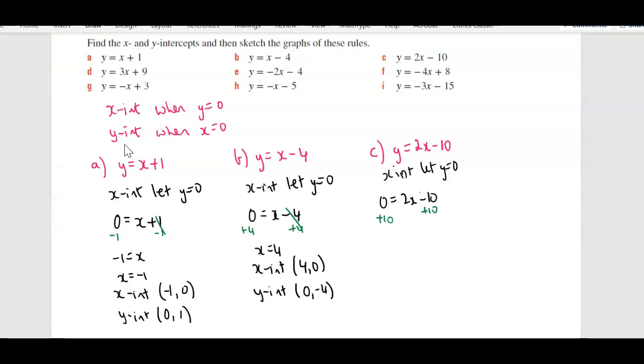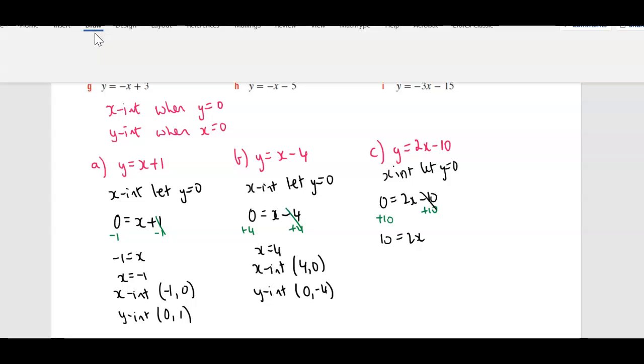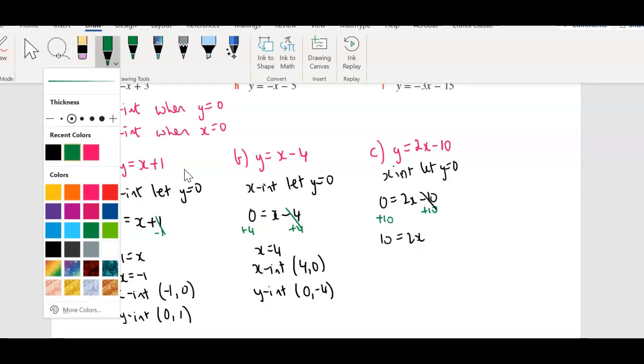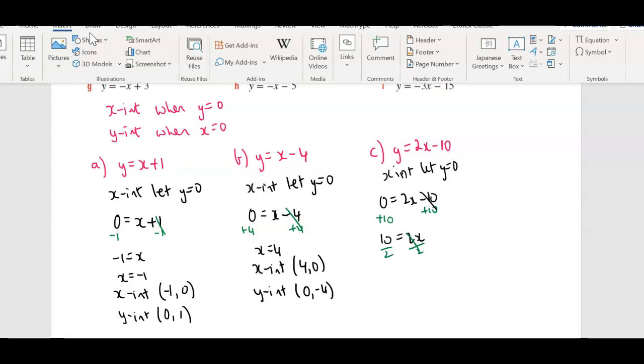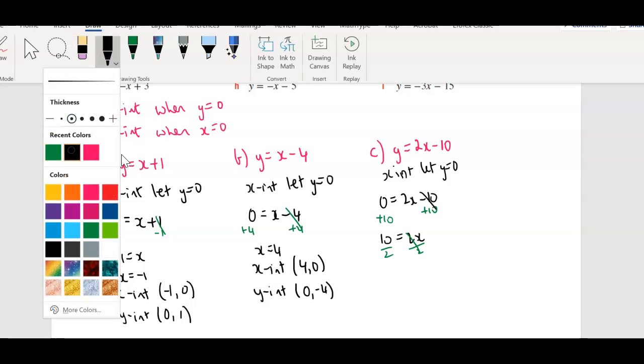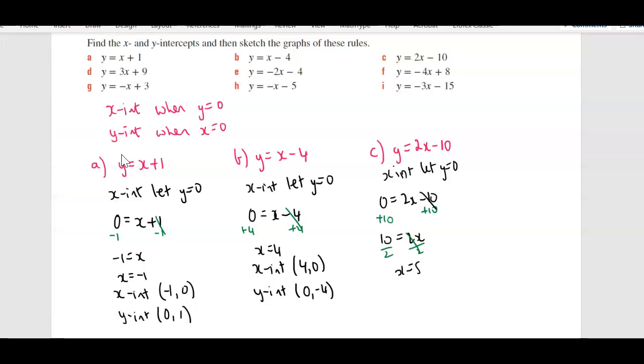So we've got 10 equals 2x, and then we're going to divide both sides by 2. So x is equal to 5. Your x-intercept is 5, 0, and your y-intercept you can just read straight off, which is -10. So 0, -10.